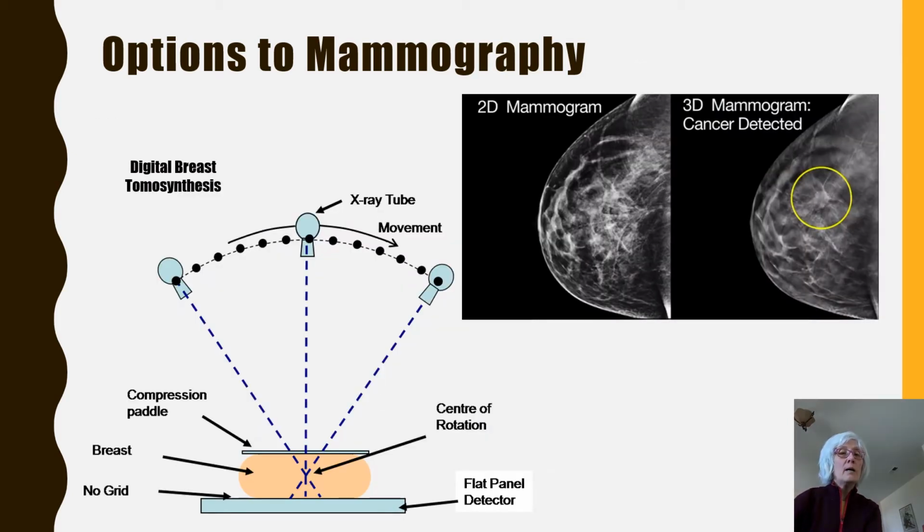A final option is something called breast tomosynthesis, and this is effectively a mammogram. So you do the same thing using a similar machine as the mammogram machine, but rather than taking an image in one direction, you actually take images in multiple different planes.